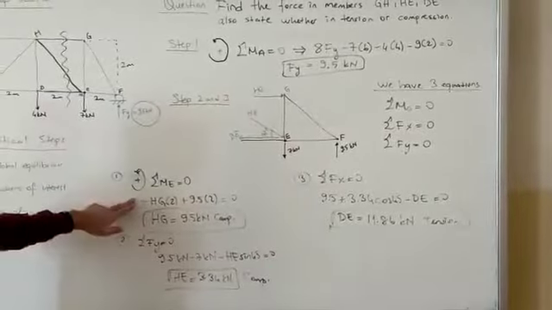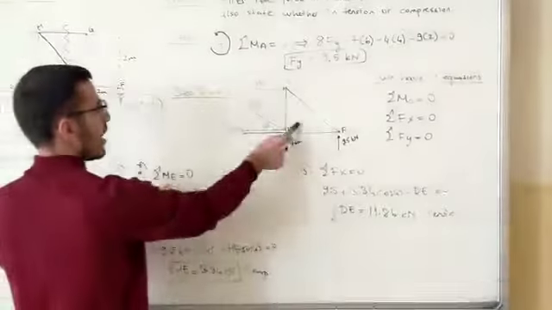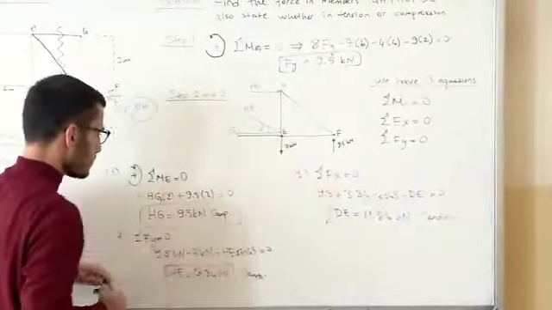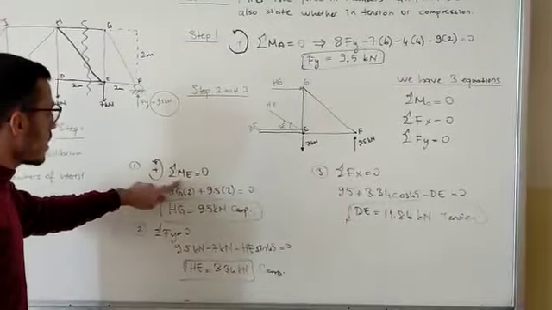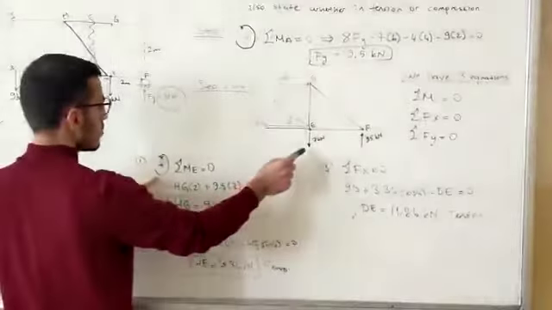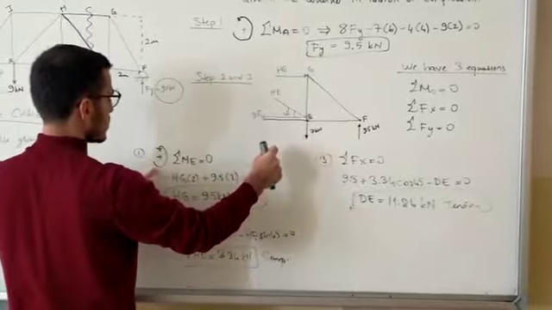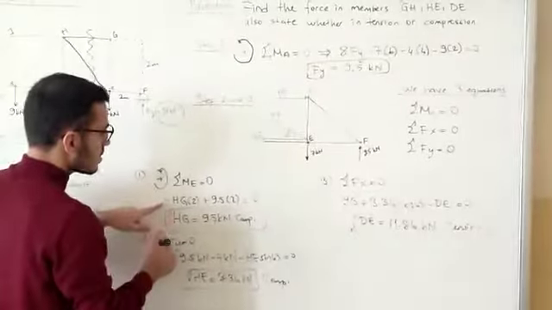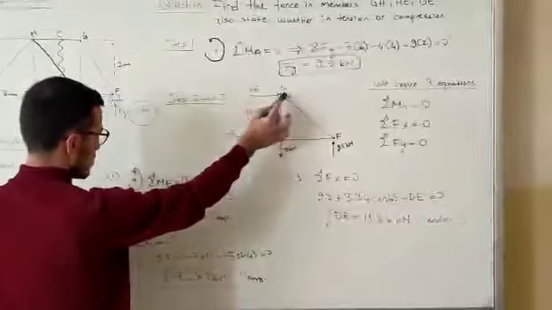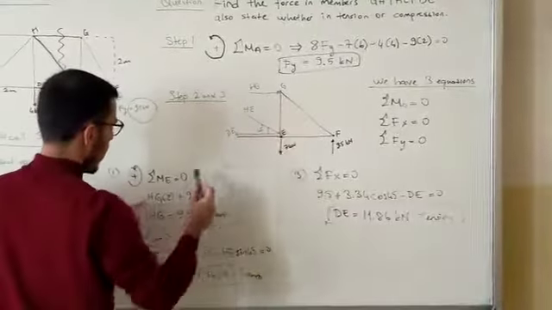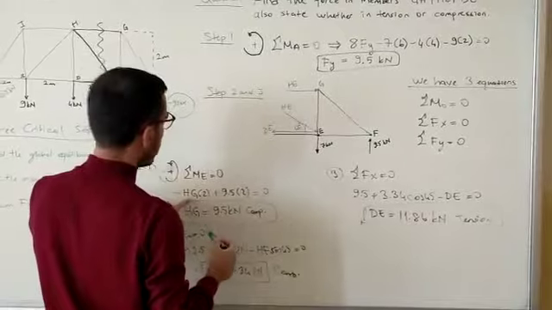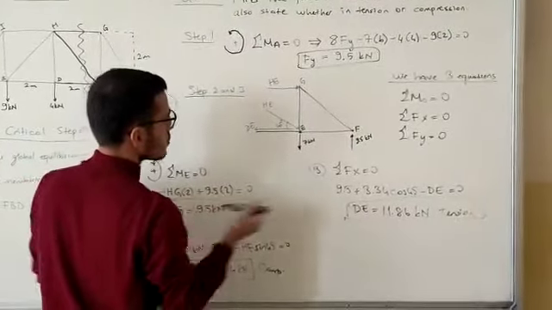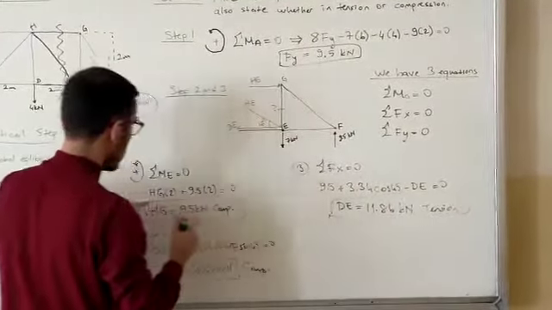Start by taking the moment at joint E. When we take a moment, the counterclockwise direction must be plus. And then start with the members. Here HG multiplied by 2, this is 2 meters, I didn't write it.